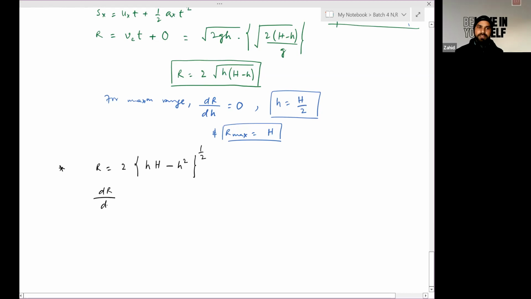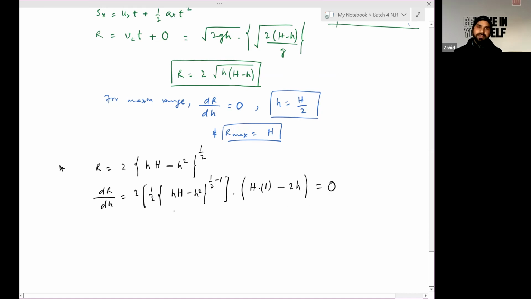So dR over dh will be 2 as coefficient, keep it outside, n times x to the power n minus 1. This is the first part of differentiation for this exponential part. Next is to differentiate the base. H is constant, small h has power 1, so on differentiating it will be just H. h square on differentiating will be 2h.